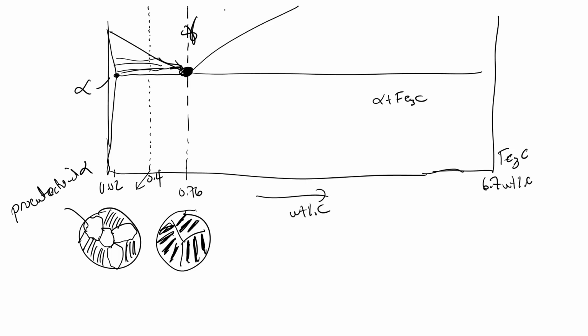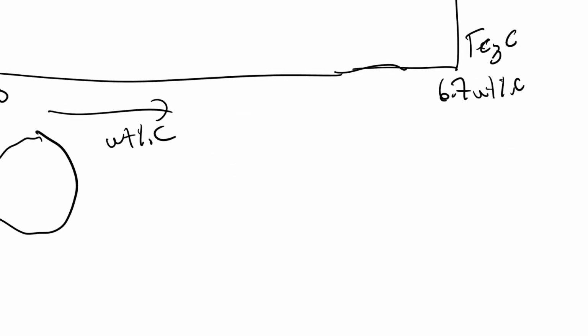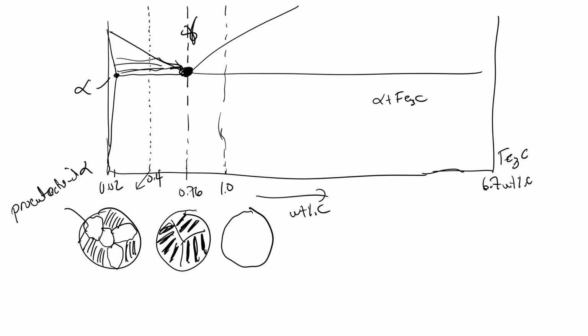Now, what's the microstructure going to look like if I'm up here at like 1% carbon? That's a really high carbon steel. Well, instead of being pro-eutectic alpha, I'm on the right side over here where there's gamma plus Fe3C. So the phase that forms first now is Fe3C.